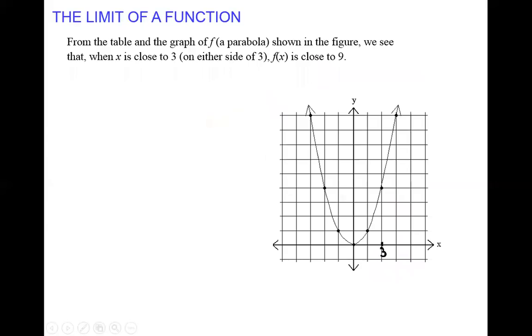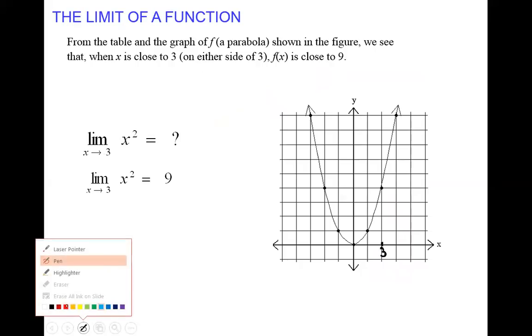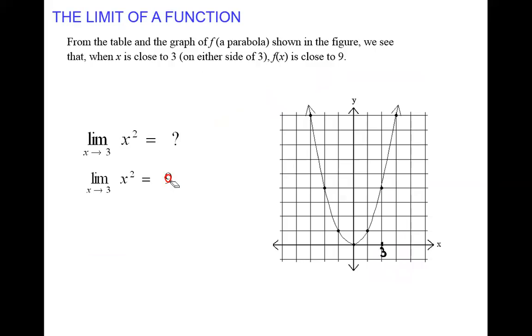I do have this situation again. This is the notation: the limit of the function f of x as x approaches 3 is equal to, and we don't know, but of course from the table we get 9. This is the original red 9 from the other slide.